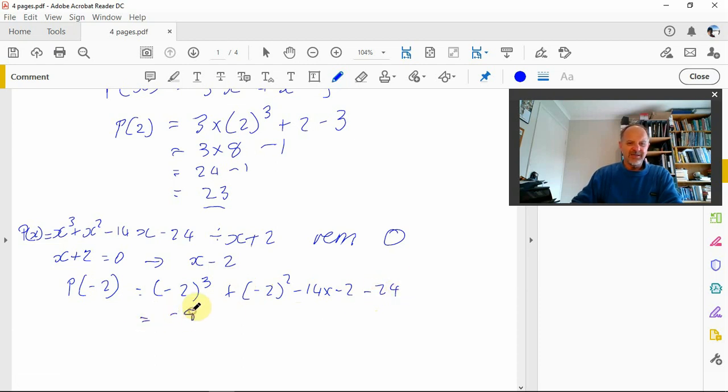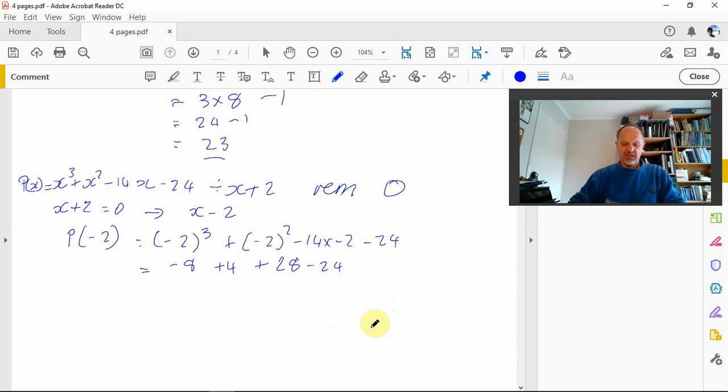So minus 8 plus 4 plus 28 minus 24. So we've got minus 8 and minus 24, which is minus 32, plus 4 and plus 28, which is plus 32, which is 0.